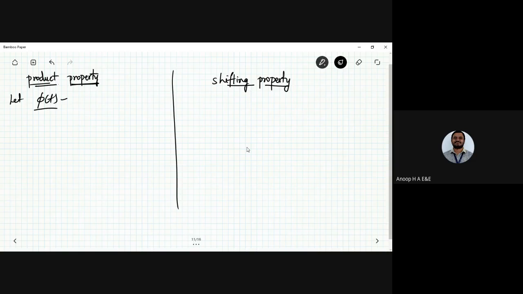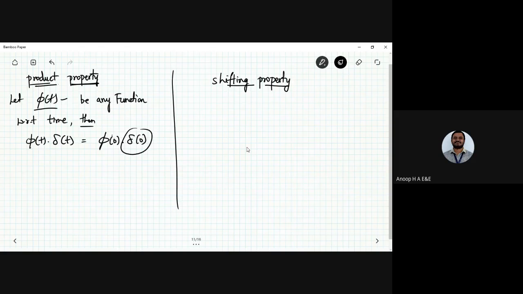So once it has been multiplied, then you can write phi of t into delta of t, which would be equal to phi of 0 into delta of 0. Only at t equal to 0 are you going to get this value.